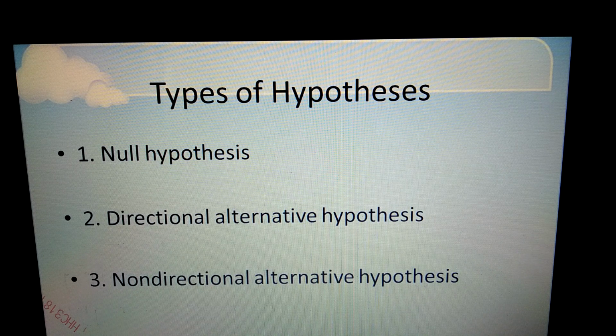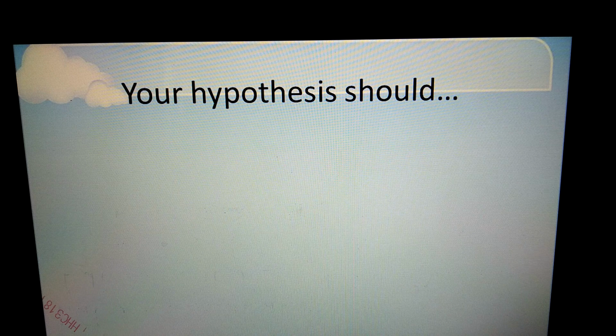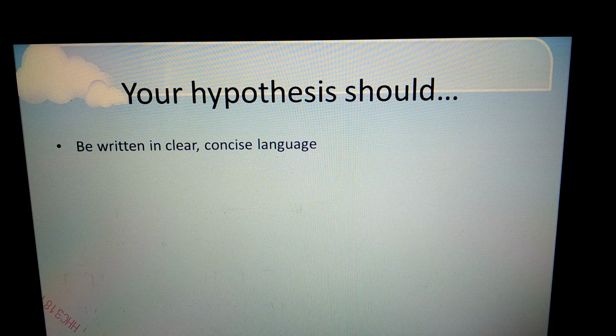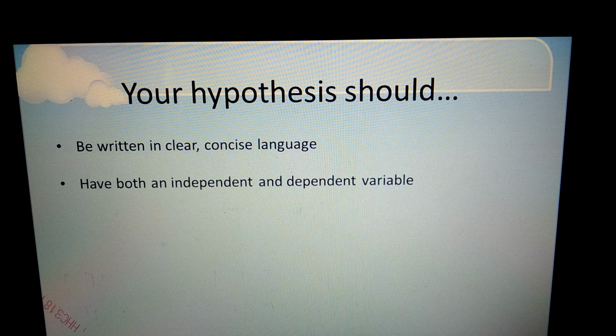And if you want to write a hypothesis, your hypothesis needs to, first, be written in clear, concise language. Second, have both an independent and dependent variable. Third, be foreseeable. Is it possible to prove or disprove the statement?